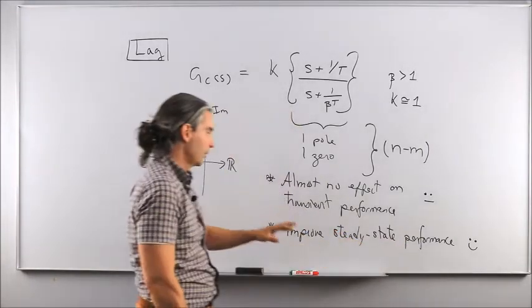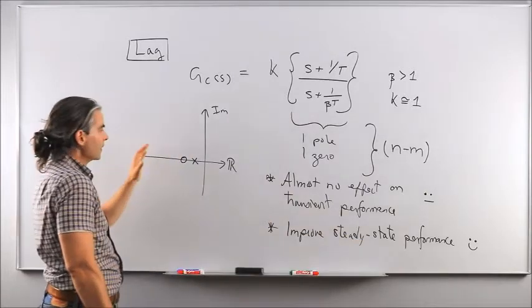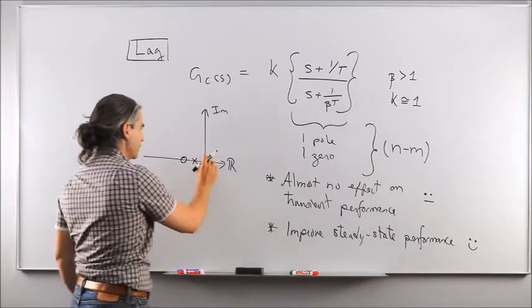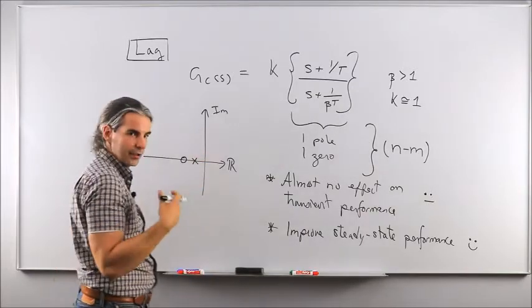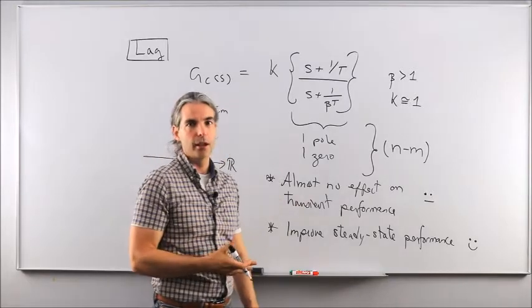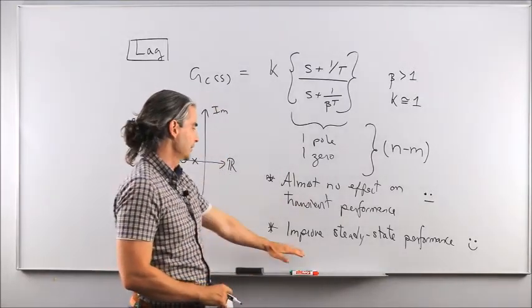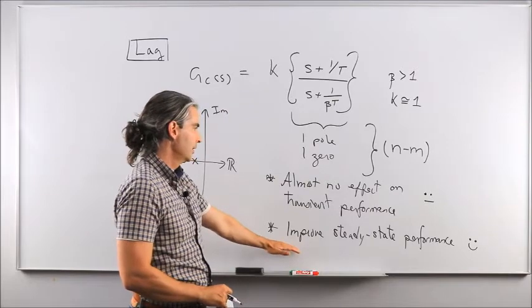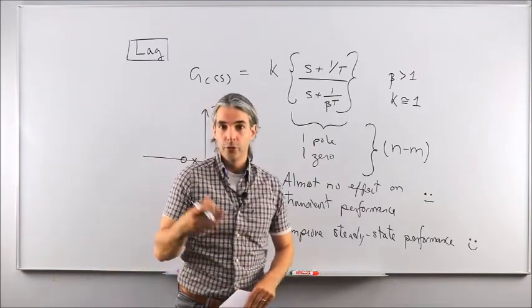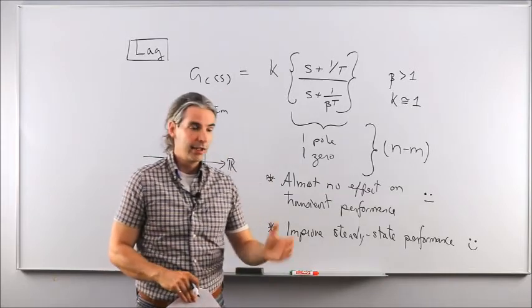All right? So that would be similar to a proportional integral controller where you add an integrator at the origin to improve the type of the system to make sure that you reduce the steady state tracking error. Okay? So this is very similar to a lag compensator. So based on the situation you have to deal with, are you trying to improve the transient performance or the steady state performance?